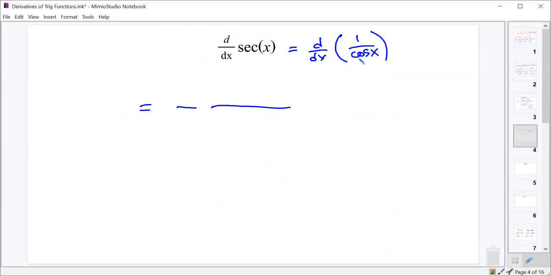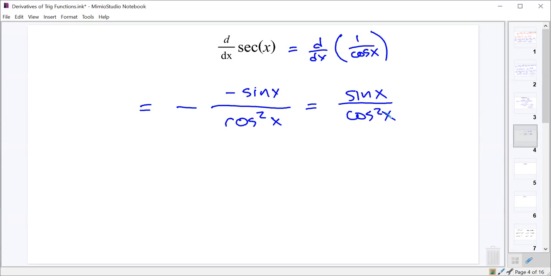So the derivative of cosine is negative sine. So we got negative, negative sine, so we'll cancel those out in a bit, and then the denominator squared, so cosine squared. And so the negatives cancel and we get sine x over cosine squared x, which is a good derivative of that.